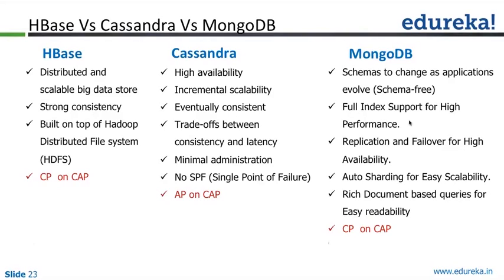HBase is the right one. Now coming to Cassandra: incremental scalability, eventually consistent models, more of time series applications like travel portals, and wherever you have feeds, etc.